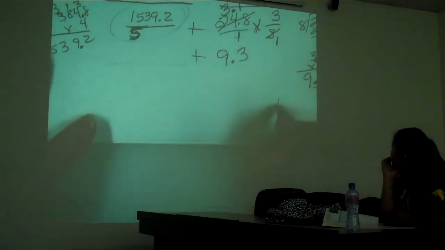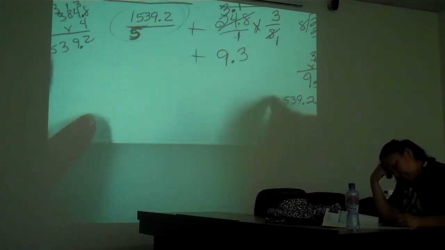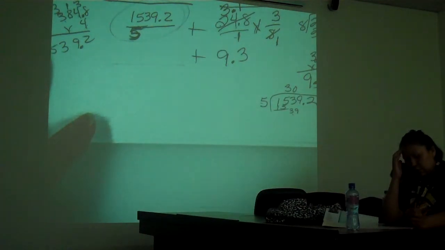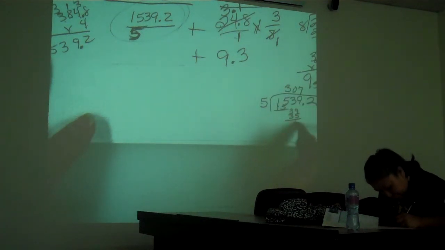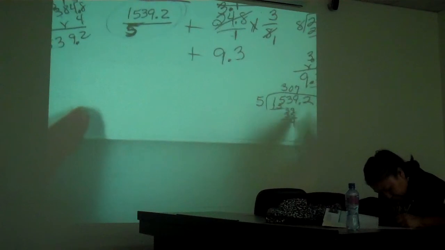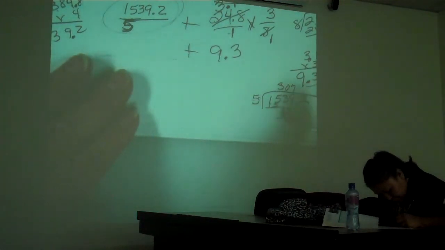Okay, we have 1539.2 divided by 5. 5 into 15 is 3. 5 into 3, it won't go, it's 0. 5 into 39, 7 is 35. 4, bring the 2 down. 5 into 42 is 8.